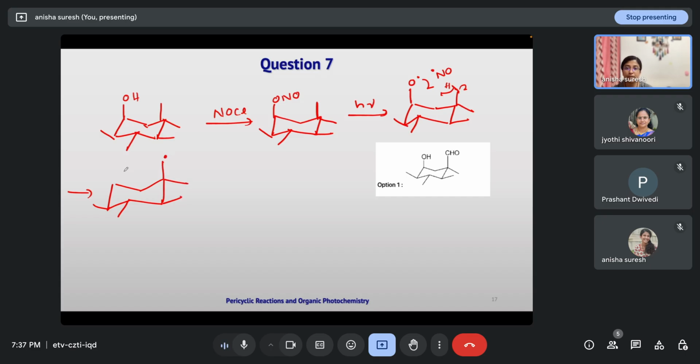This carbon radical will be forming, and here OH will be forming. Then this carbon radical and NO radical will recombine, leading to the formation of ONO and OH.